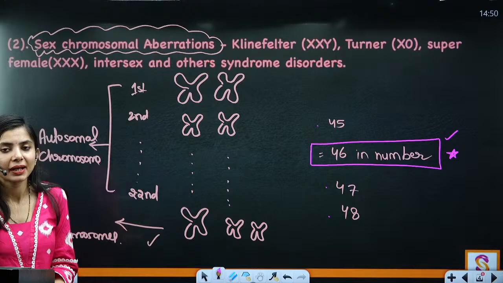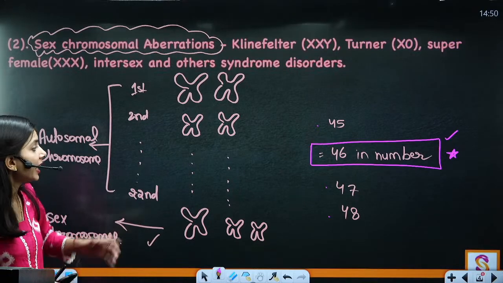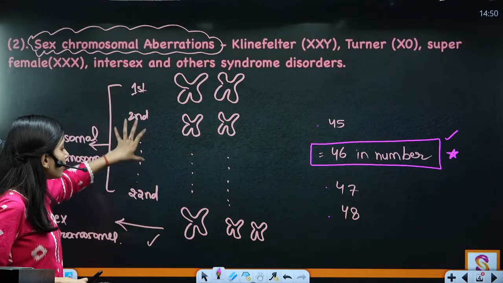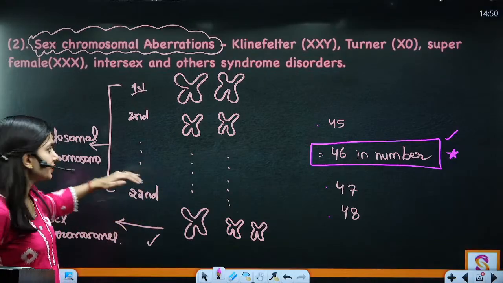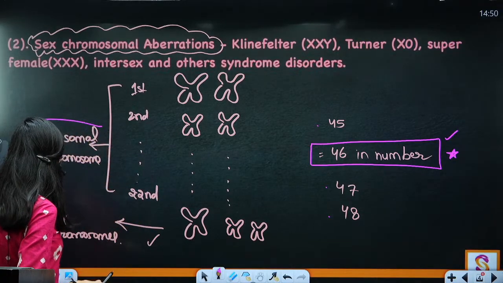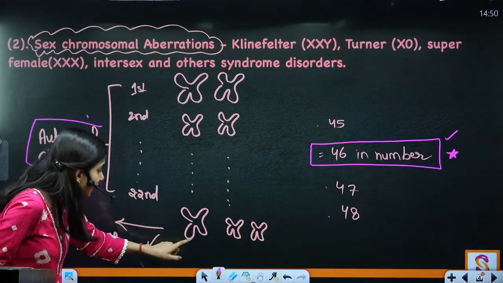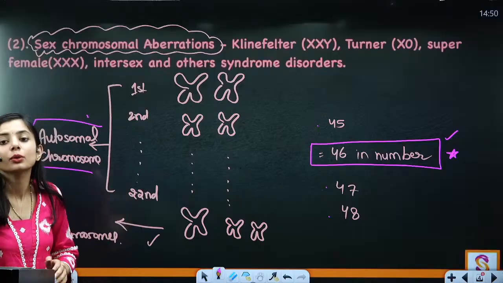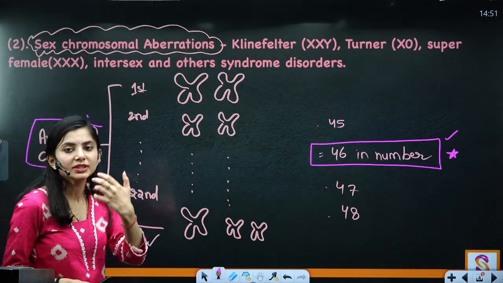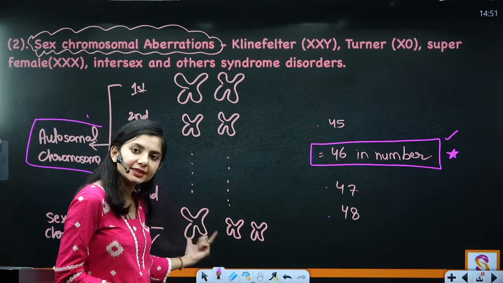We have to analyze which chromosome is being changed here. Let us suppose there is a change in the autosomal chromosomes, then the fertility for that person would be intact. Why? Because there is no change in the sex chromosome.